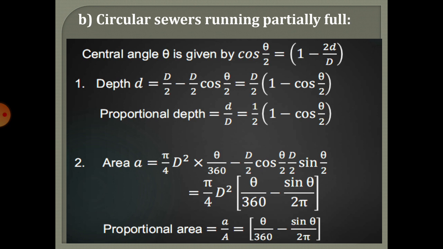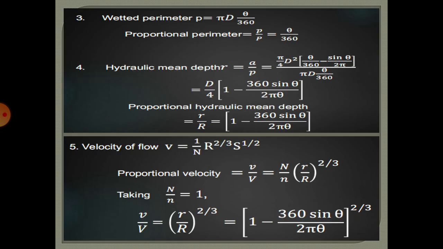In the second case, if the circular sewer is running partially full, the formula will be like this, and the central angle theta is given by cos theta by 2 is equal to 1 minus 2 small d divided by capital D, where d denotes the depth, and the area is calculated like this. Accordingly, all other elements like wetted perimeter and hydraulic mean radius will be calculated using these formulas.